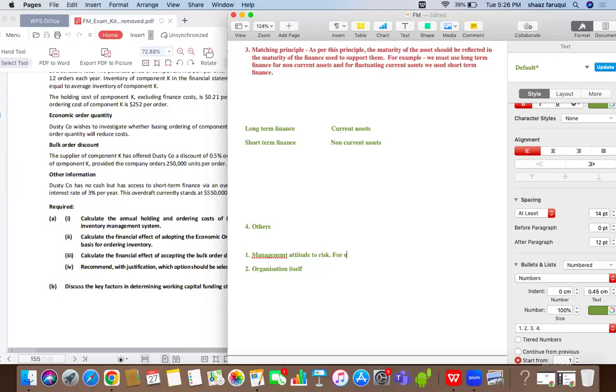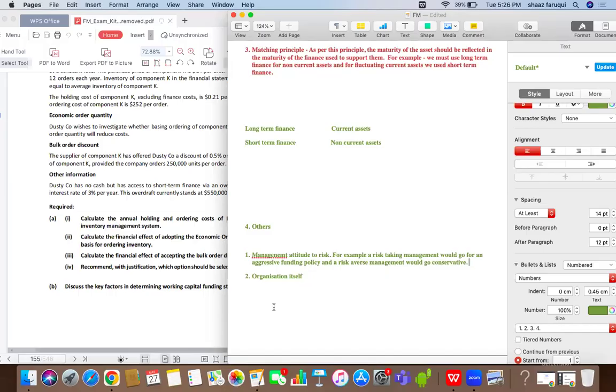For example, somebody who is a risk taker, but risk averse, some management that does not like risk, would go conservative.